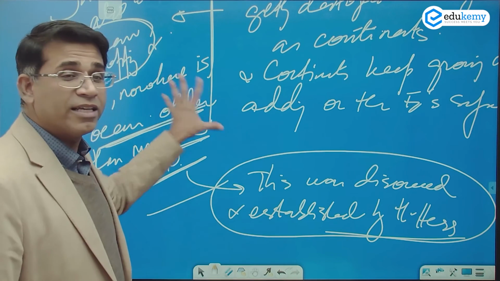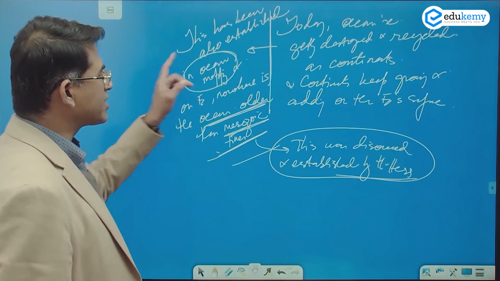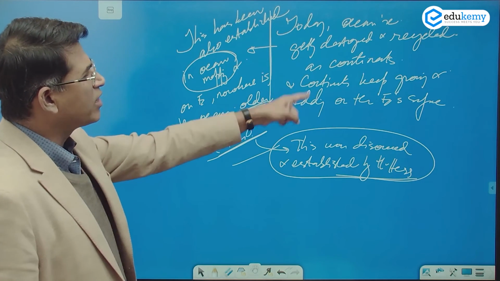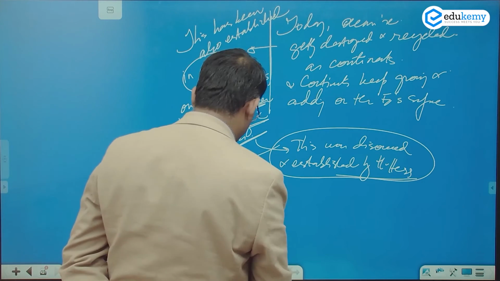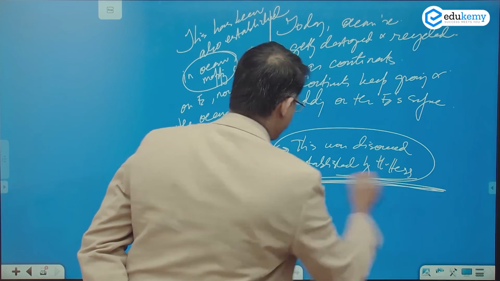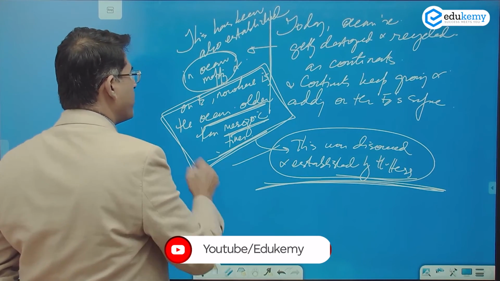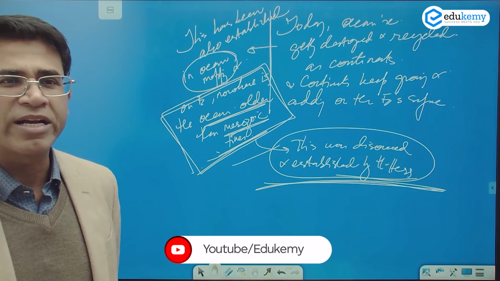This is the microplate tectonics theory. Today the oceans are getting destroyed and recycled as continents, and continents keep growing and adding on the Earth's surface. This was discovered and established by Harry Hess. Nowhere is the ocean older than the Mesozoic times.